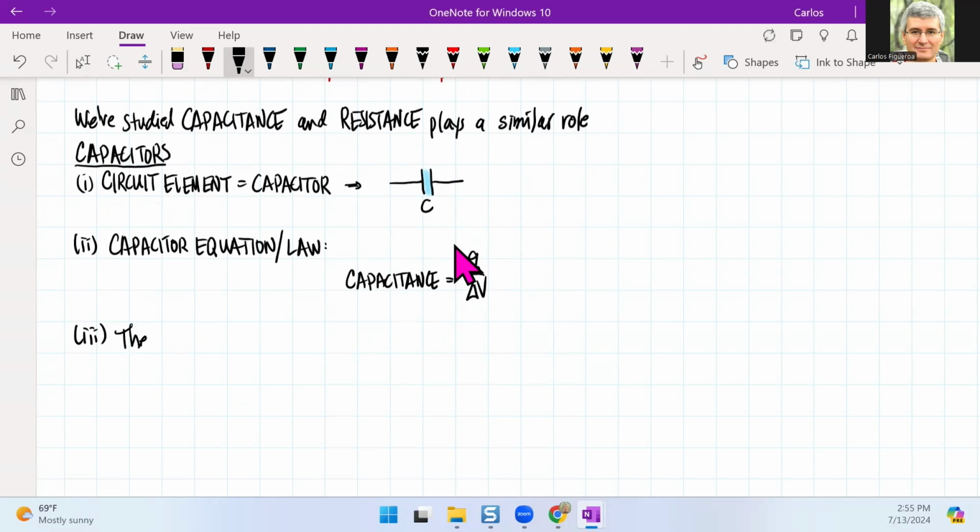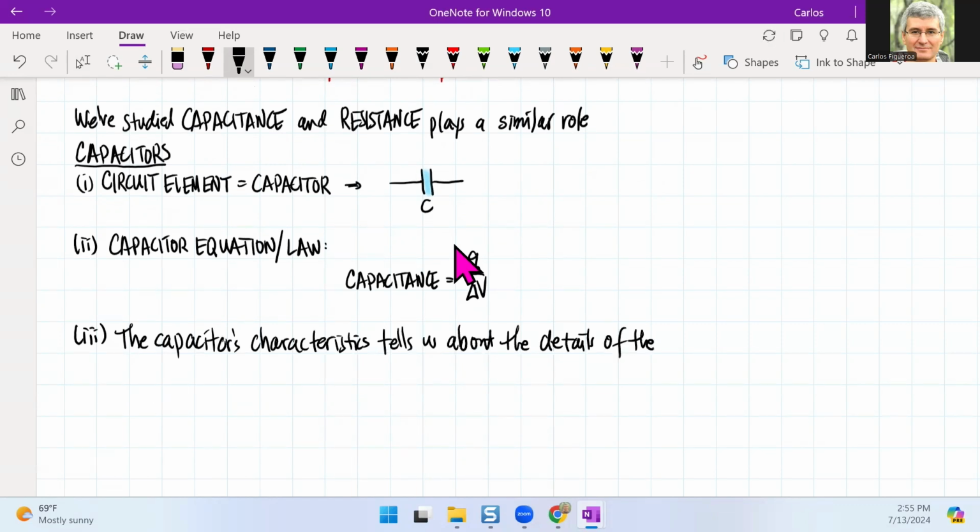So the capacitor's characteristics tells us about the details of the capacitance. Or maybe I should have said the capacitance characteristics does that. But here's what it says here.